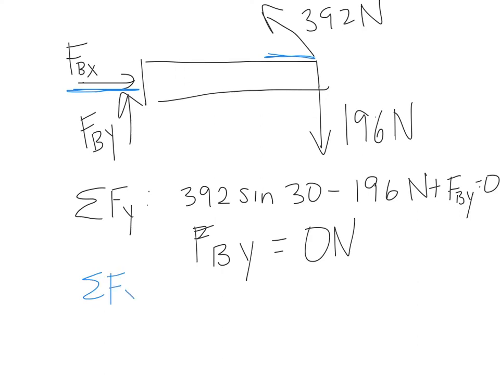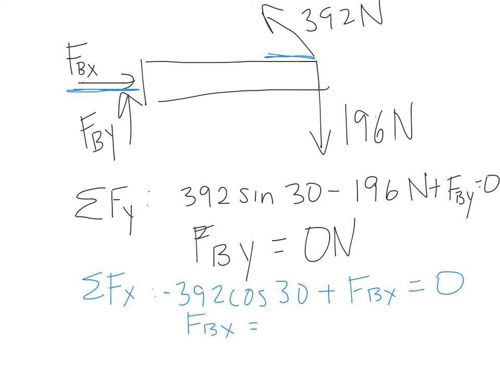So the sum of the forces in the x direction, I will have 392 cosine of 30 plus, and that's going in the negative direction, plus FBX is going to be equal to 0. So FBX will equal 392 cosine of 30. So FBX equals 339 newtons. That is all.